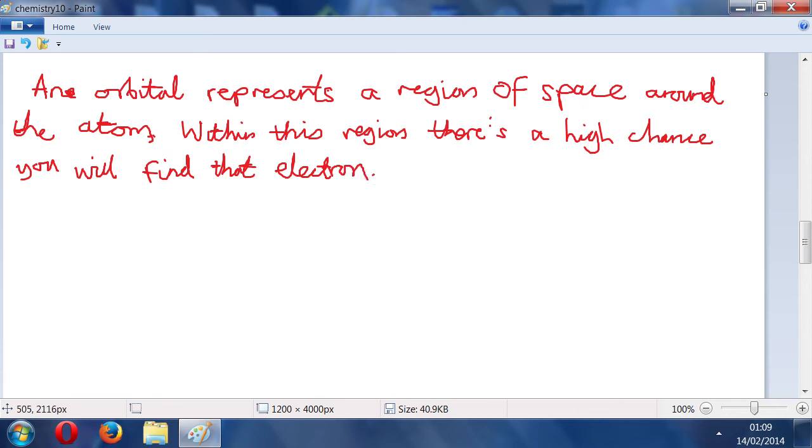There's a high chance you will find that electron. And they're sort of fuzzy vibrating clouds.